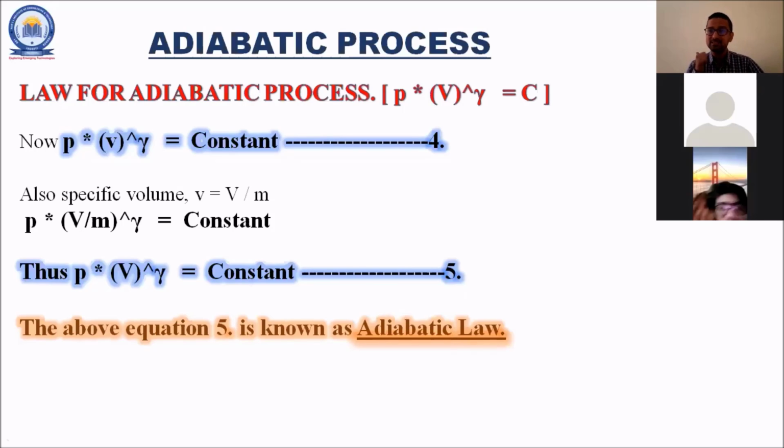And dear friends, it is one of the important questions which is asked in your examination. I hope you have perfectly written all these steps and also you have understood them. You have understood the method, how we have reached the law for the adiabatic process.